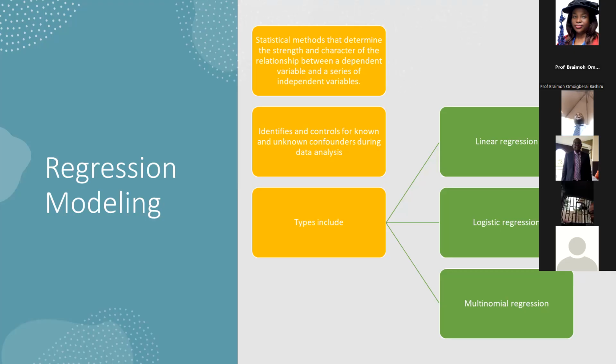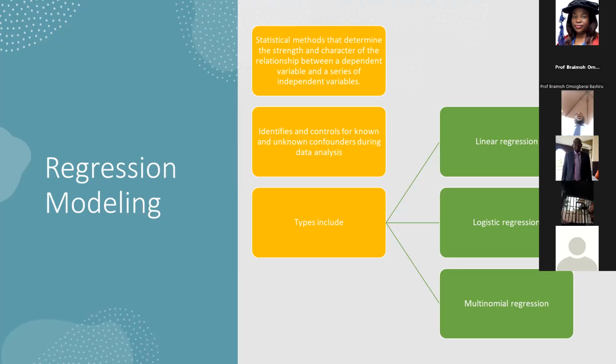And so you may need to do something during data analysis. So you have statistical methods that help to improve the validity of your study by identifying and controlling for confounders and minimizing the activity of bias in your data analysis.